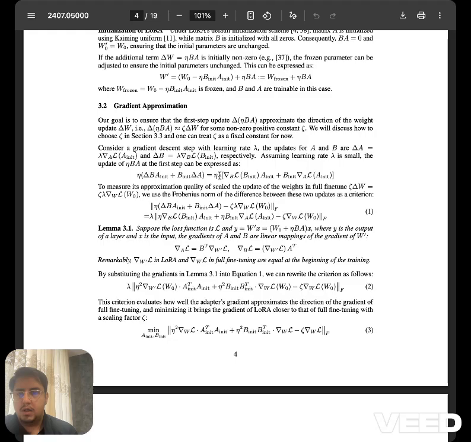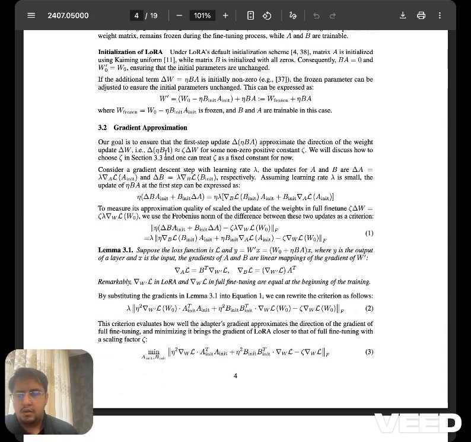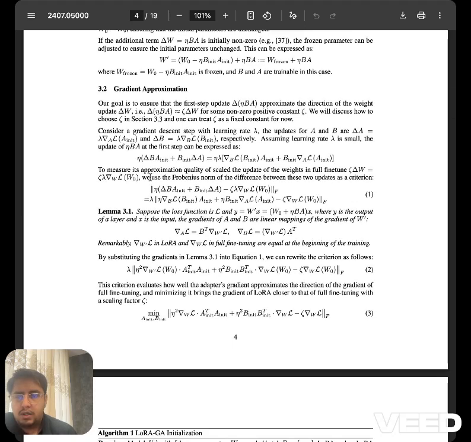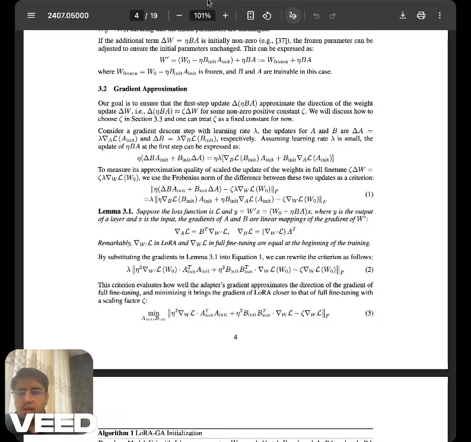I think we've covered vanilla LoRA, the gradient approximation, and how vanilla LoRA manages to do the gradient approximation, in terms of gradient descent with step size, assuming the learning rate is small, we have an eta B A. We've also covered why we're using Frobenius normalization, and the difference of these two updates as in the criterion, which is something we've discussed over here, is minimum.